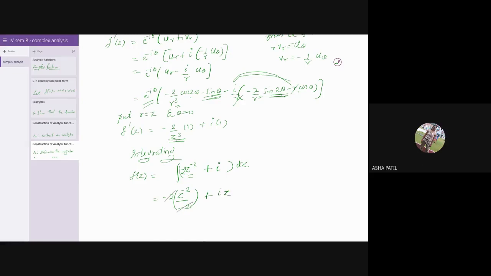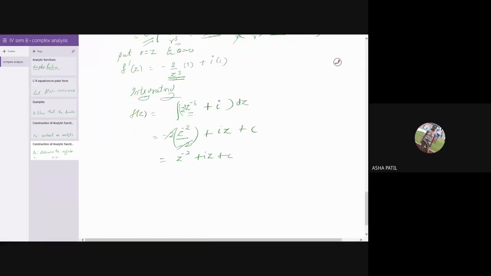So the minus 2 terms cancel, and what we get is z raised to minus 2 plus iz, plus we can add a constant c. So f of z is equal to 1 by z square plus iz plus c.